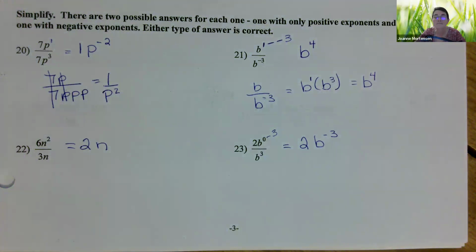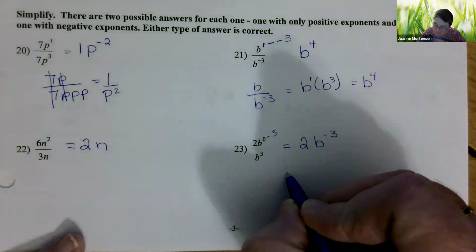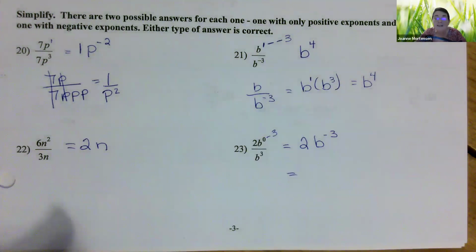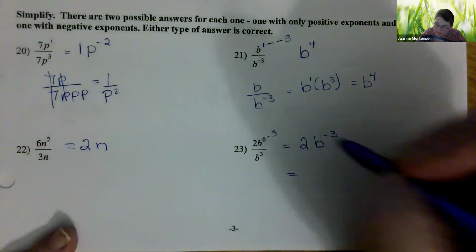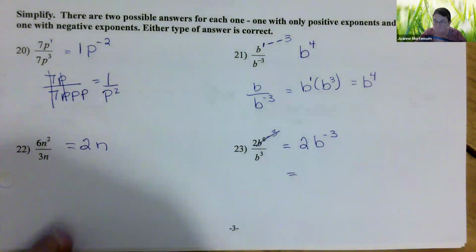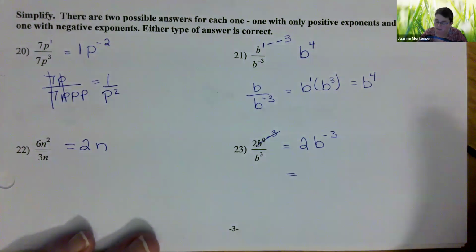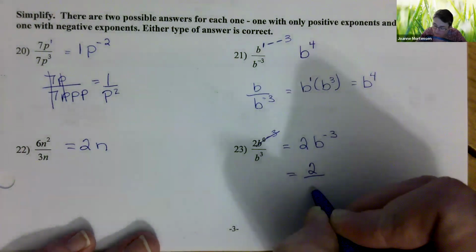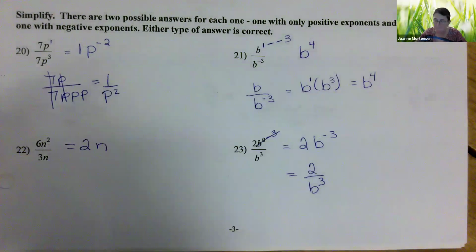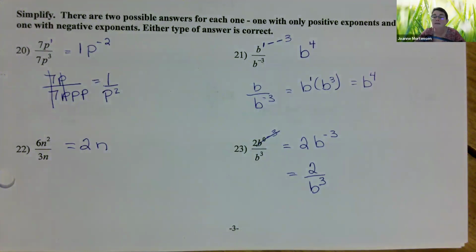I'd accept that. You can also just go, you know what, b to the 0 is just 1. So this part just disappears because 2 times 1 is just 2. And you get 2 over b^3. Either one of those is lovely. Does not matter at all to me.